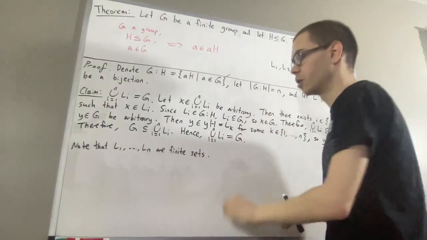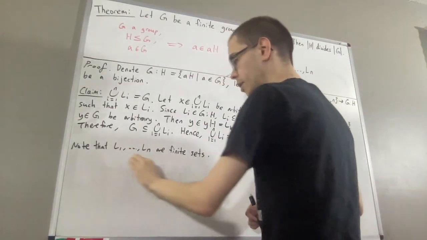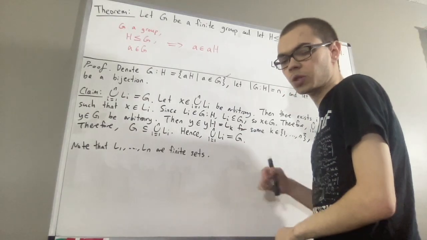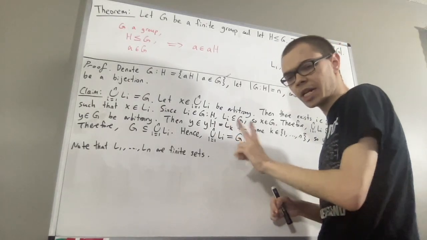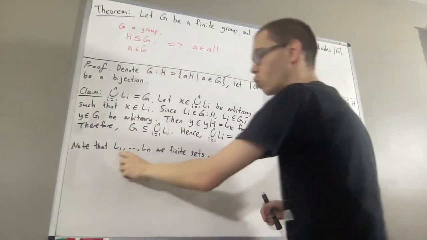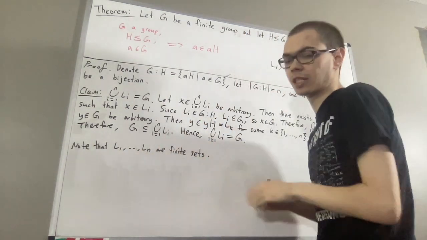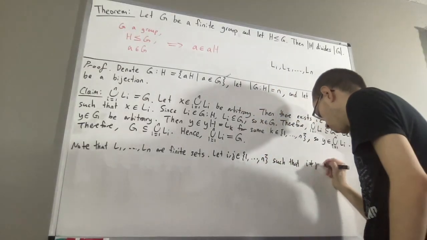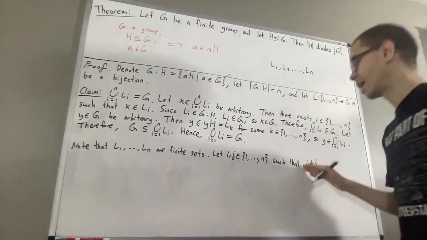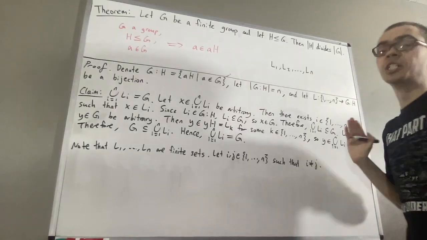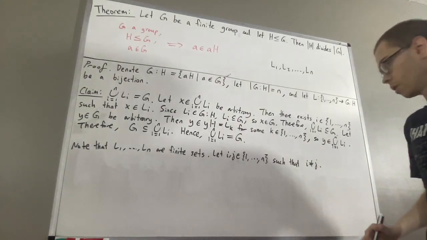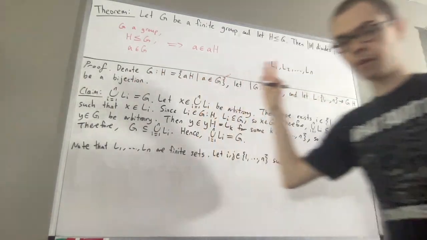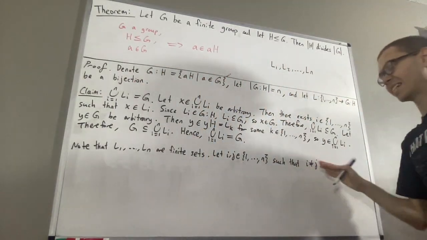So with that in mind, let's show that this collection of sets is pairwise disjoint. To do that, let's give ourselves two arbitrary integers, i and j, between 1 and n. And suppose i is not equal to j. From here, we want to show that Li and Lj are disjoint. Now, since this function is injective, it follows that Li is not equal to Lj.